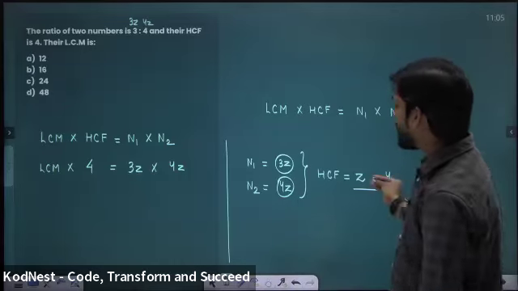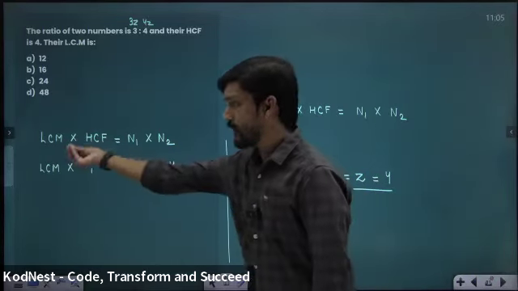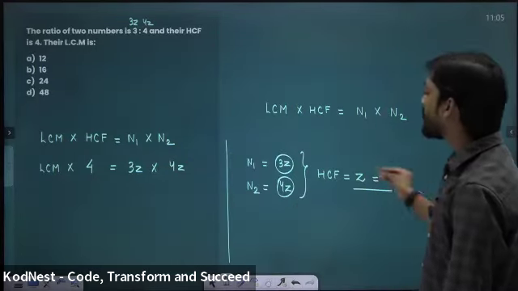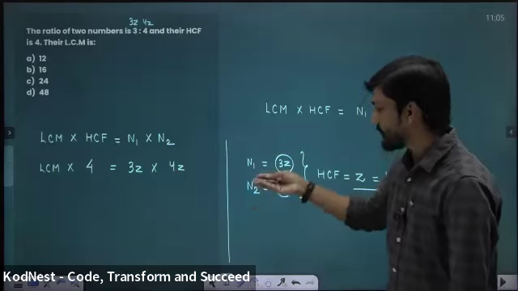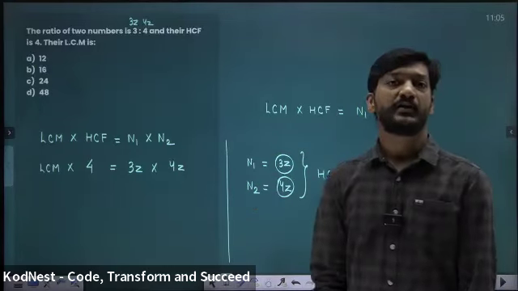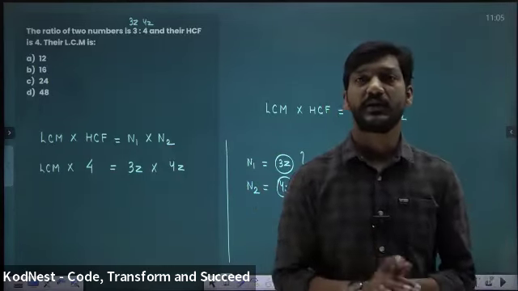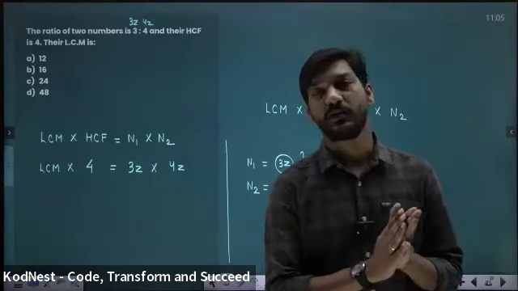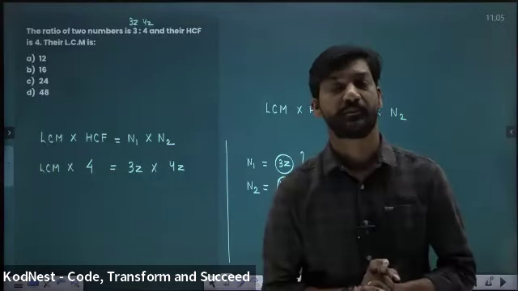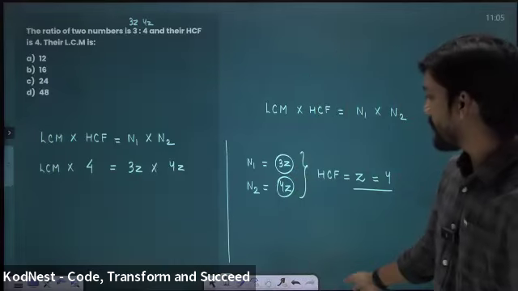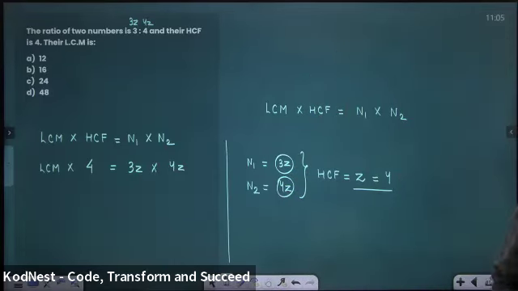Now either you put the Z value there and solve, or you put the Z value there, calculate the numbers, and calculate the LCM. So my dear, so many approaches are there. Every approach will work, but logically you should be right. Put the Z value and again you will get LCM as 48.